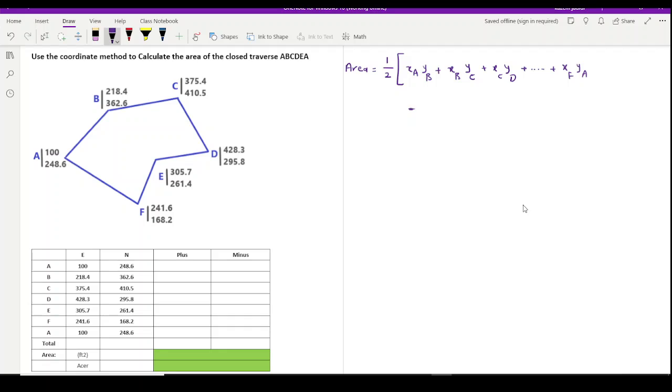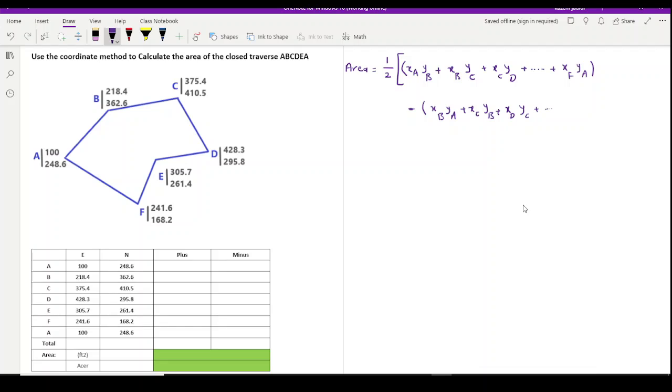Then it's going to be the negative or minus part, and that minus part I'm putting inside a parenthesis. That's going to be xb times ya plus xc times yb plus xd times yc.